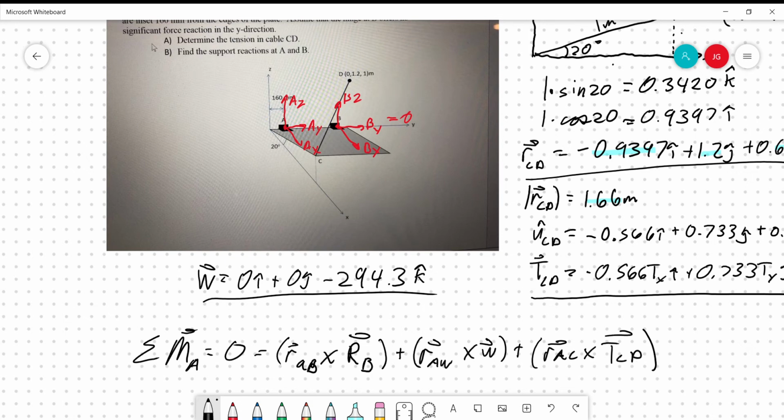See where that comes into play? Boom, perfect. Now, the difficult part is this actually right here, right?